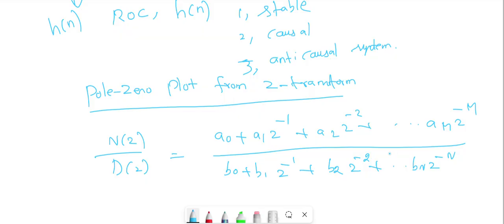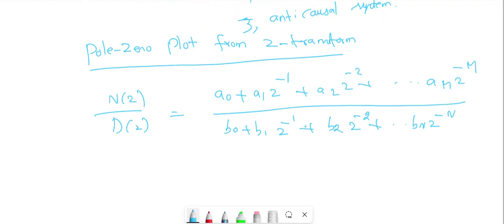So the poles and zeros are the values of z for which the value of x of z may be infinity or 0.